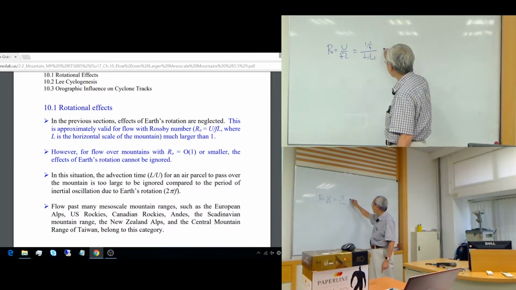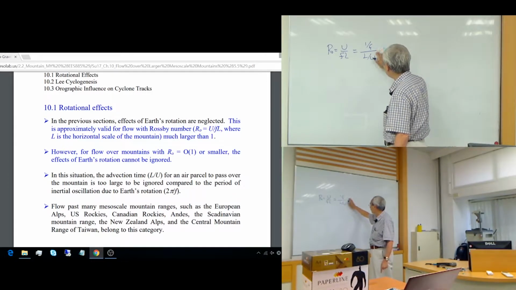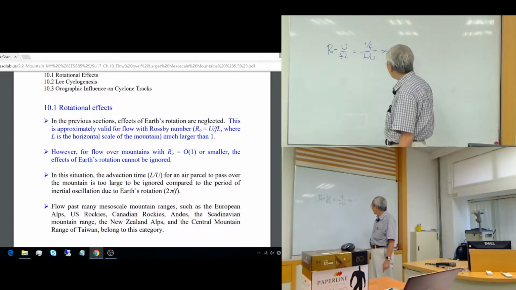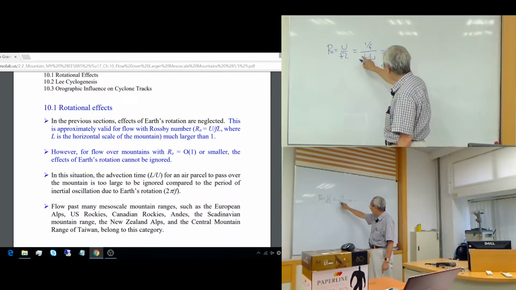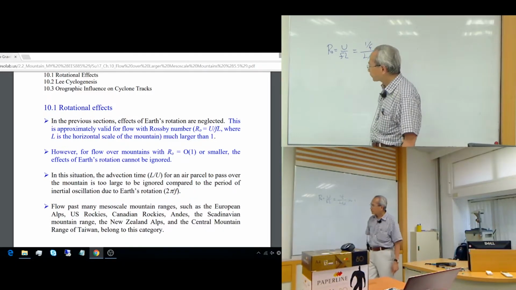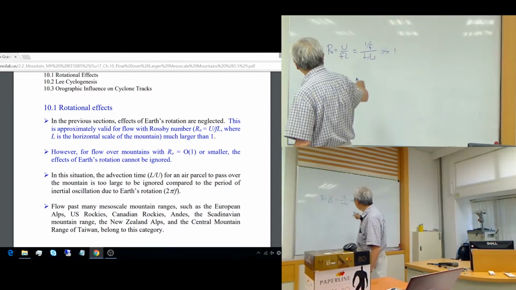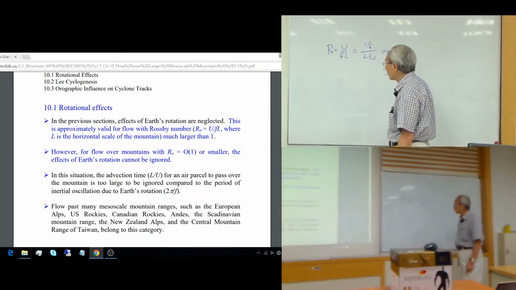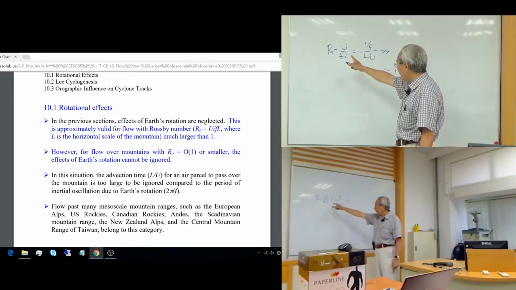If this is much greater than 1, that means this term dominates compared to the oscillation term. If it is about 1 or smaller, then you cannot ignore the rotation.